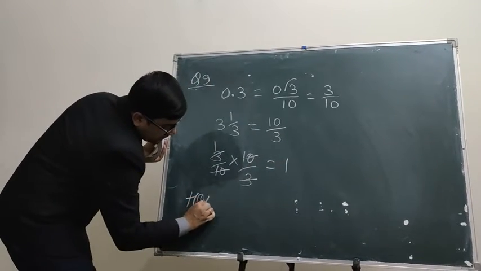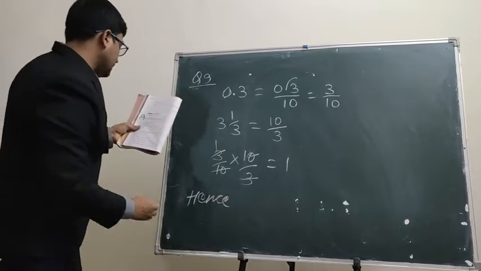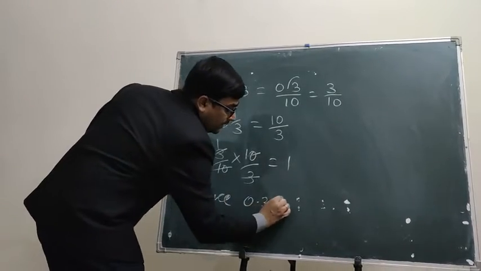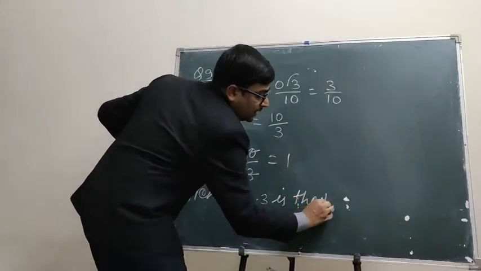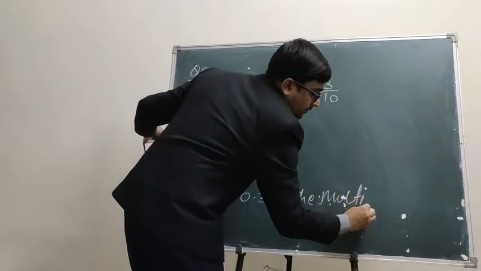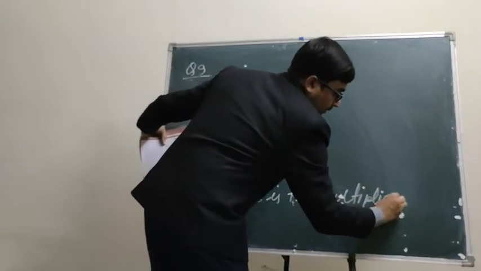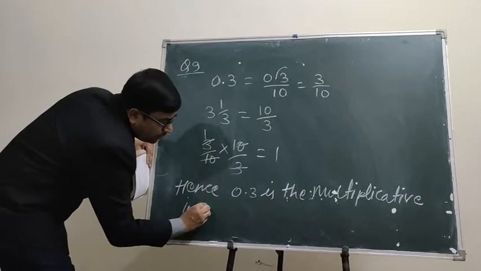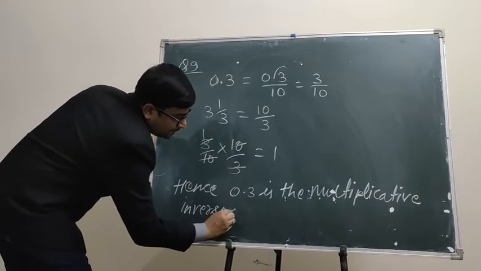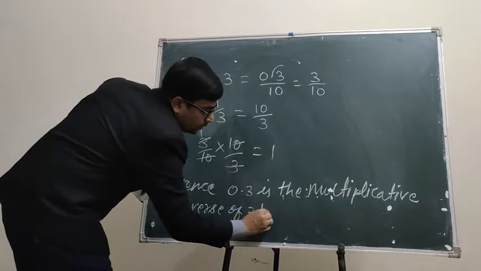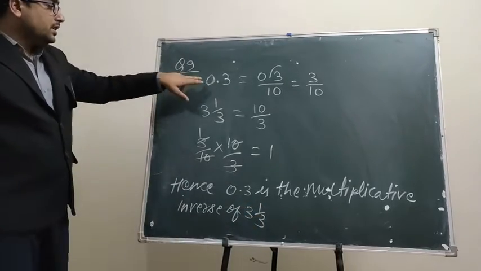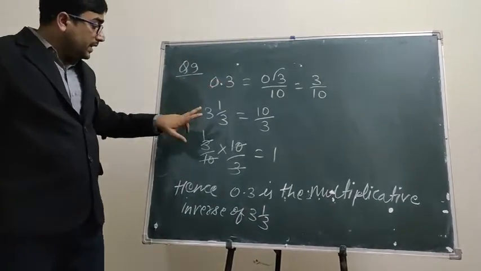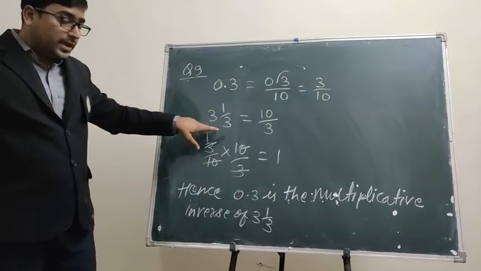Hence 0.3 is the multiplicative inverse of 3 whole 1 by 3. Here the question is whether 0.3 is the multiplicative inverse of 3 whole 1 by 3.